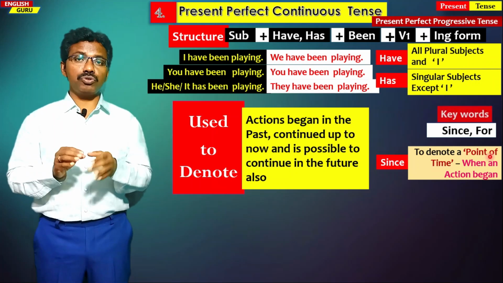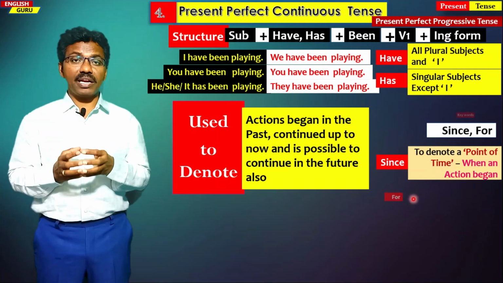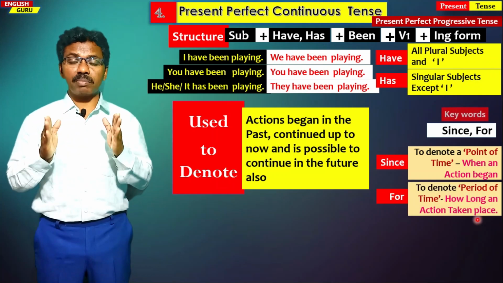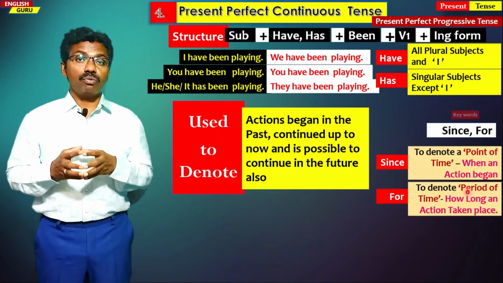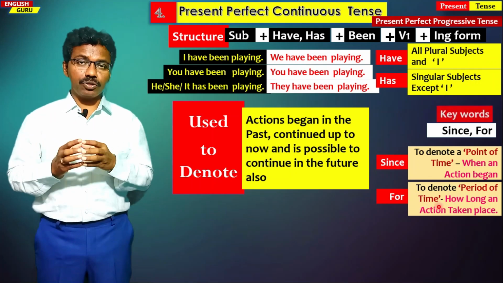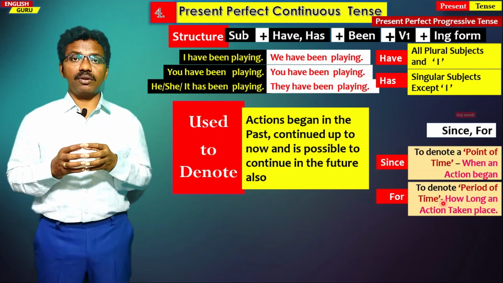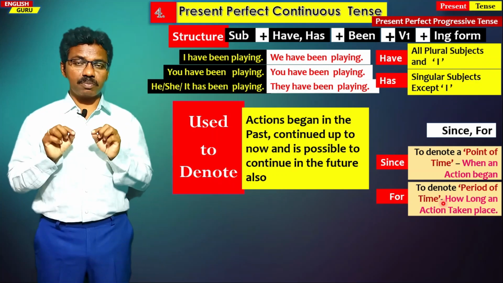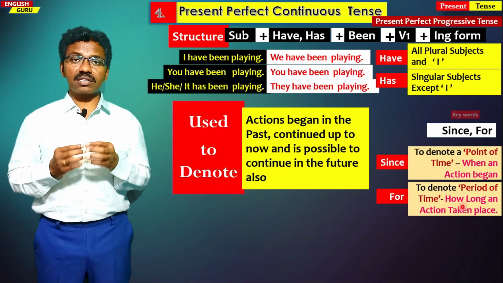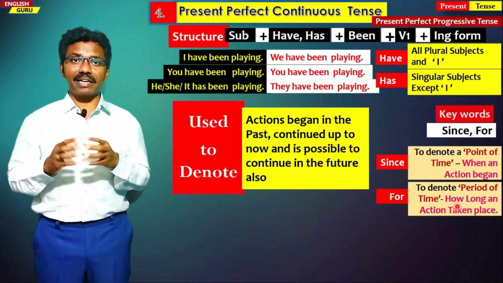Whereas for is used to denote how long that particular activity has taken place, which means the period of time. That is the slightest difference, and you have to remember it in this particular tense. It's very, very important also. Let us take some examples and try to understand since and for in a better manner.